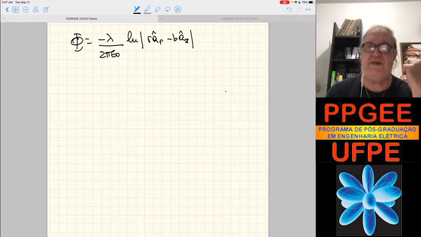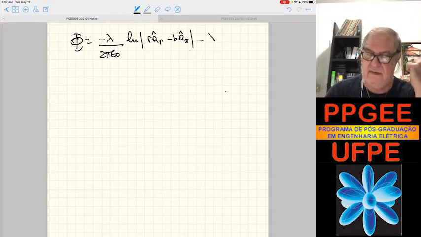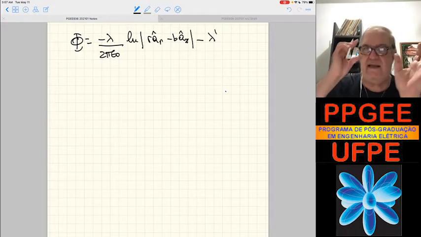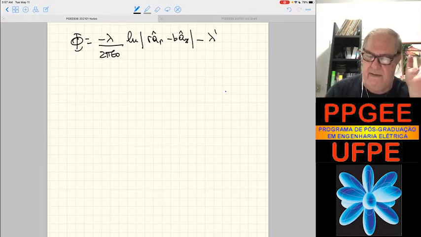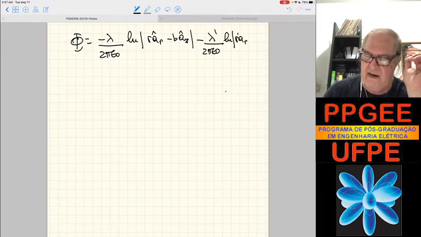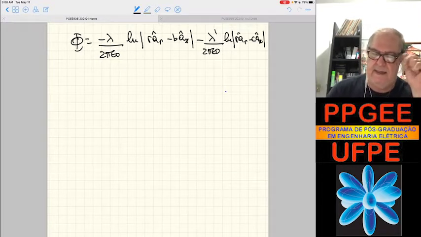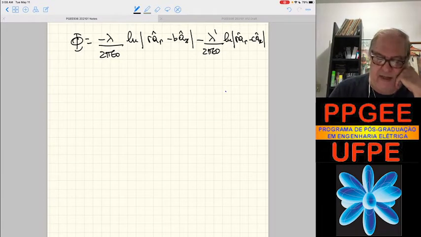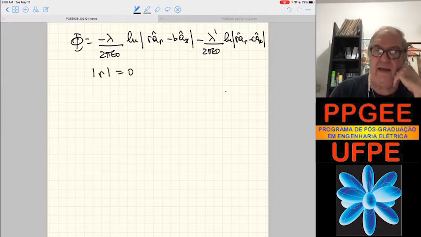Then we have an image. We didn't put any sign in the image line, okay? Which has a similar structure, log of the magnitude of x r-hat minus c x-hat. So what we're going to do is that when r equals a, right?